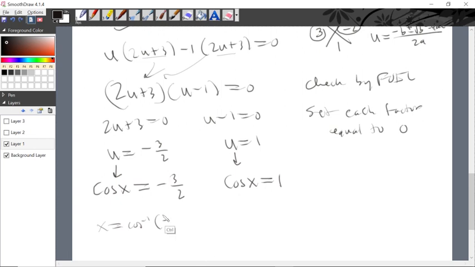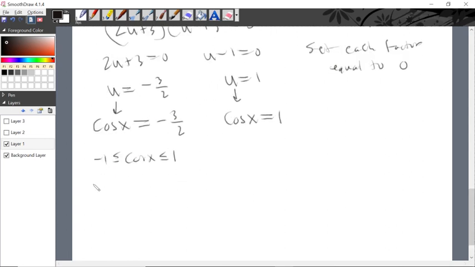Why are we not going to get an answer here? Well, remember that the cosine function is always going to be between -1 and +1. Consider the graph of the cosine wave. It goes up and down and up and down.